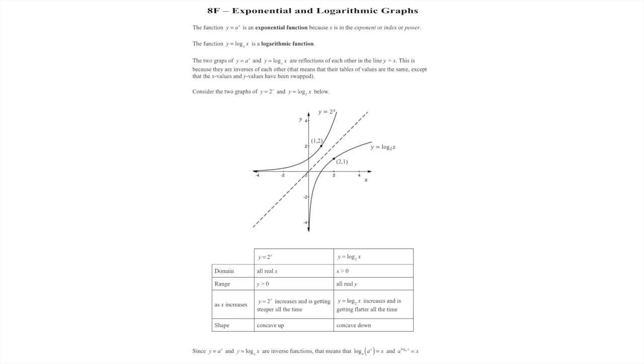So we need to understand that they're a perfect reflection across the line y equals x, and if they are a reflection across the line y equals x, they're called inverse functions. We've also covered this before, because we know that a to the power of log to base a of x equals x.